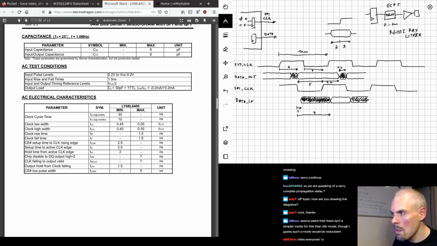Obviously, the data is not garbage there. It becomes valid at some point somewhere there, but we can't rely on it being there, so we need to capture it during that small interval of time. And that interval of time is 4 nanoseconds wide.